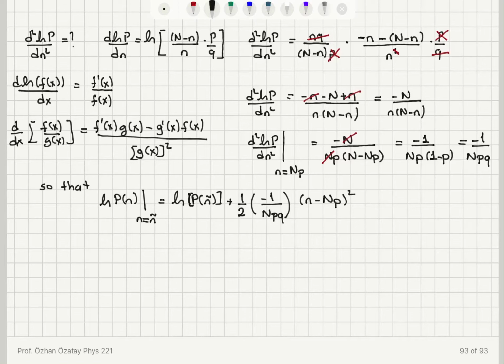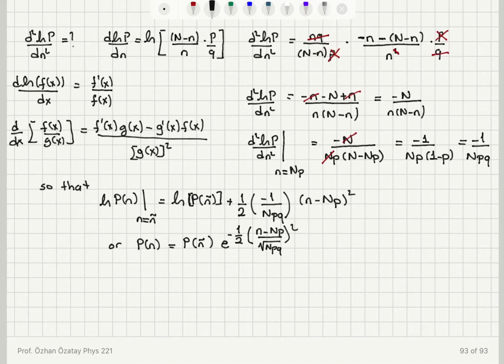So therefore, if I take the exponential of both sides, this is going to be p of n tilde, and then I will have this exponential term e to the minus 1 over 2 n minus NP divided by square root NPq, squared.